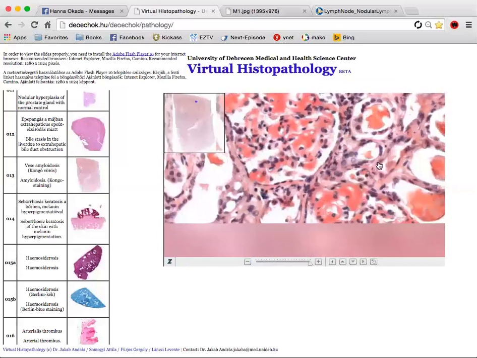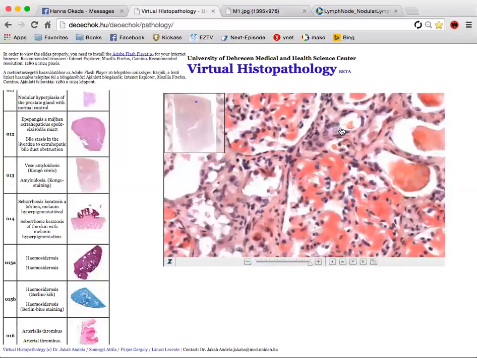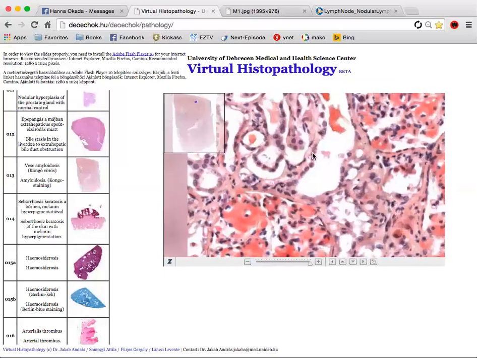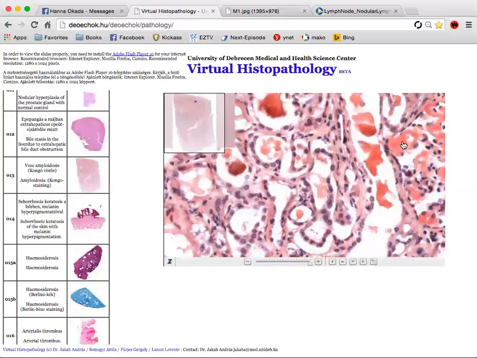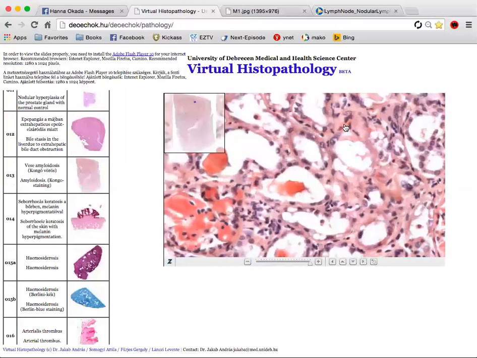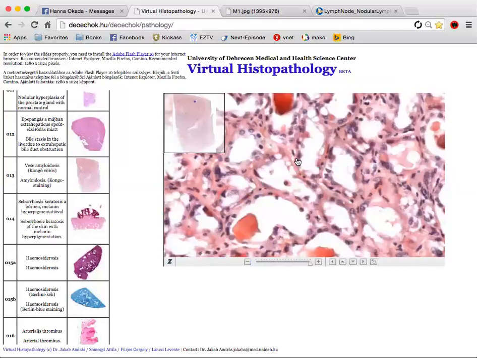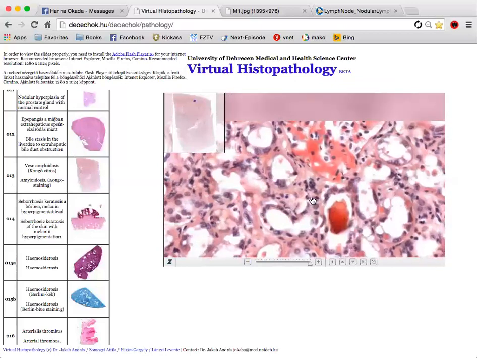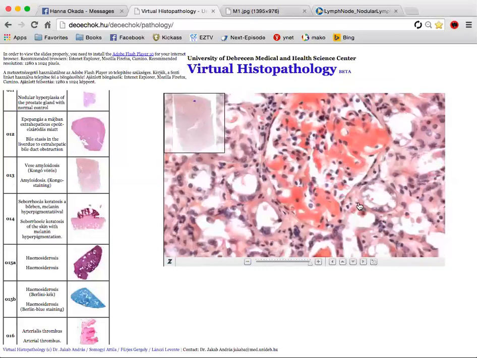Okay, and I'm going to try to find you an arteriole that's stained red. So you see all these areas in the wall that are more red staining. So that's also amyloid. It's mainly in the afferent arterioles.